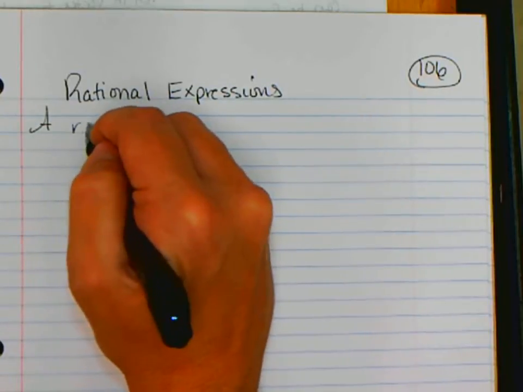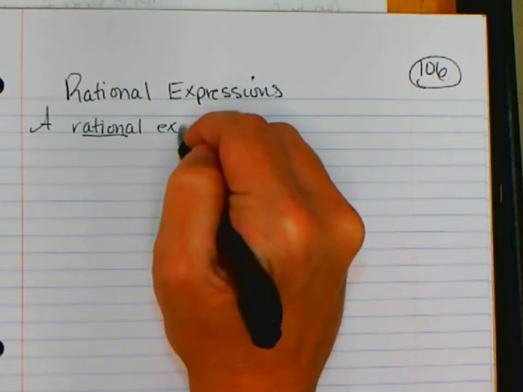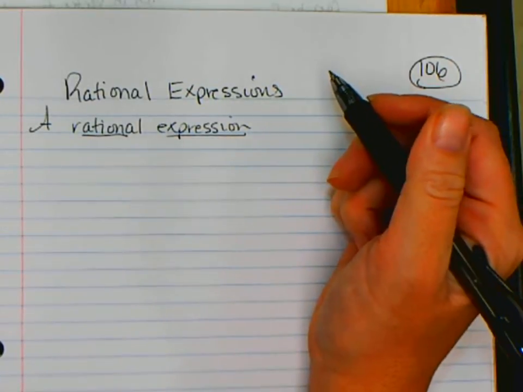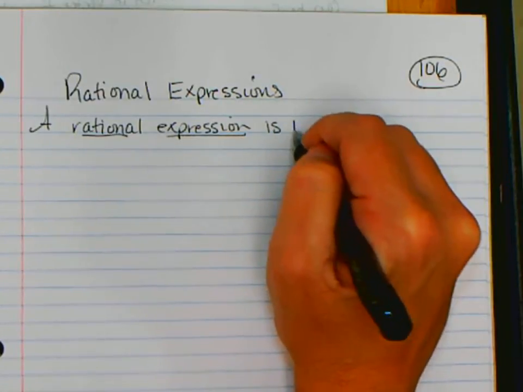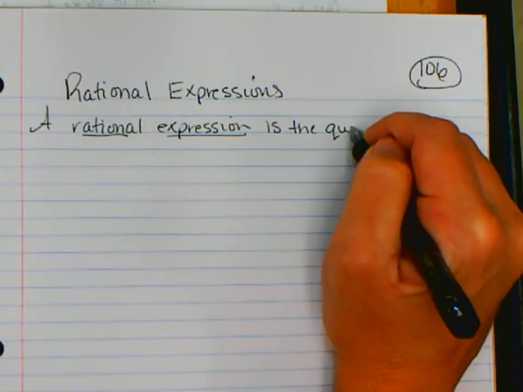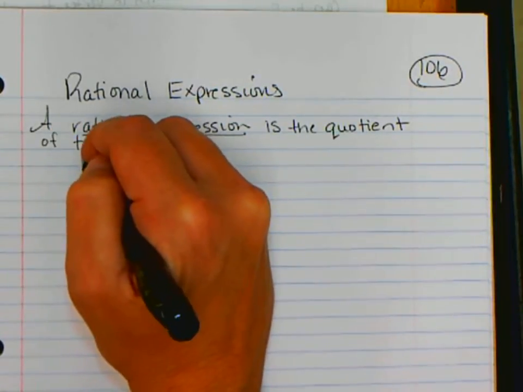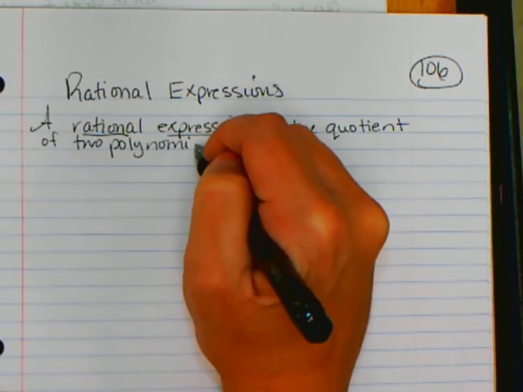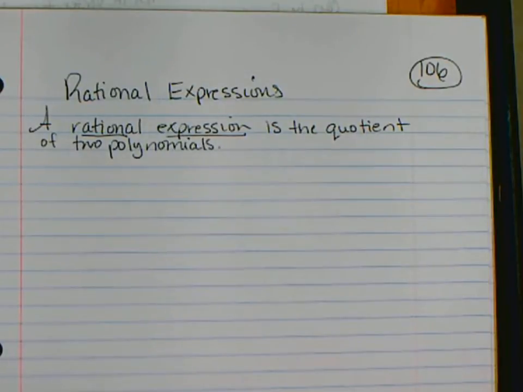A rational expression is the quotient of two polynomials. So basically, when you're dividing one polynomial by another. It could also look like a fraction.